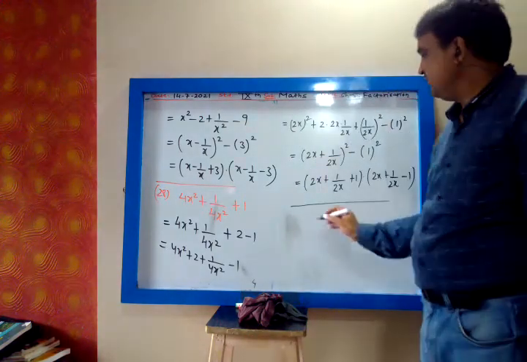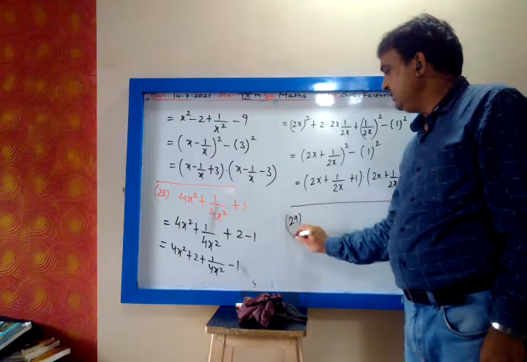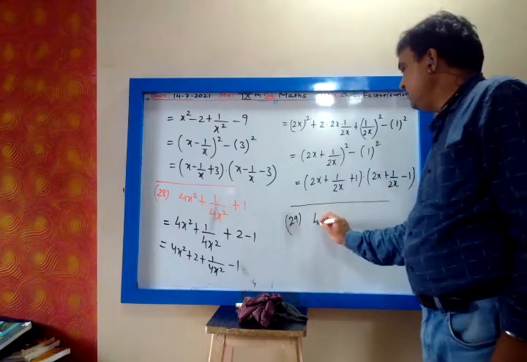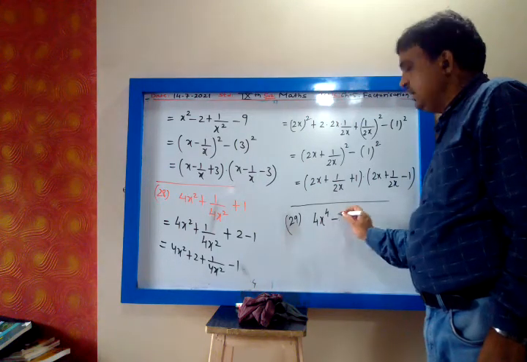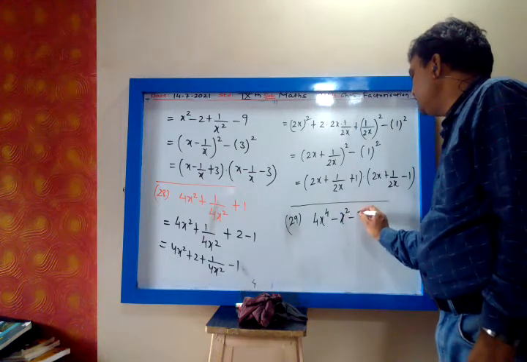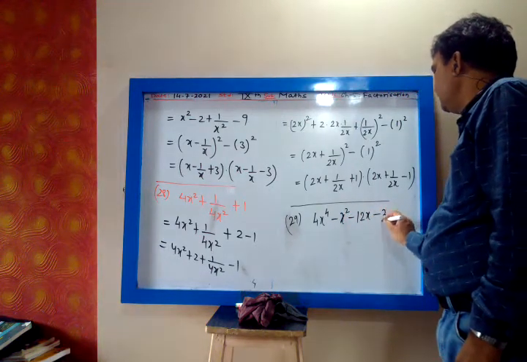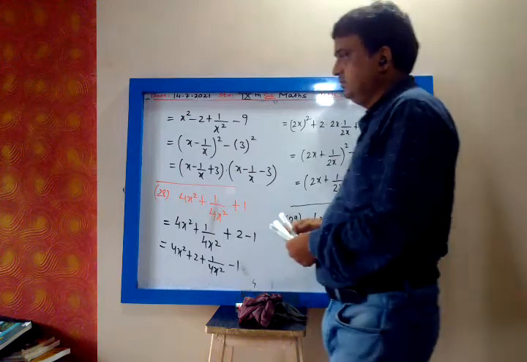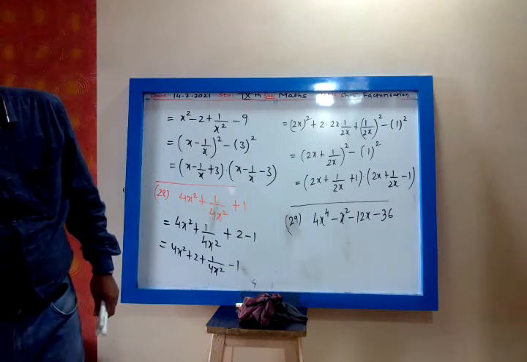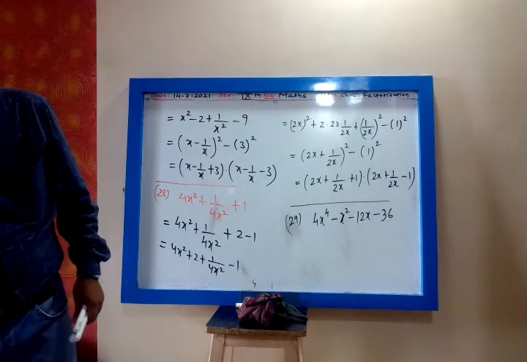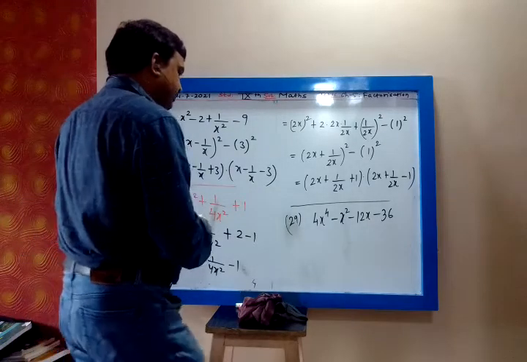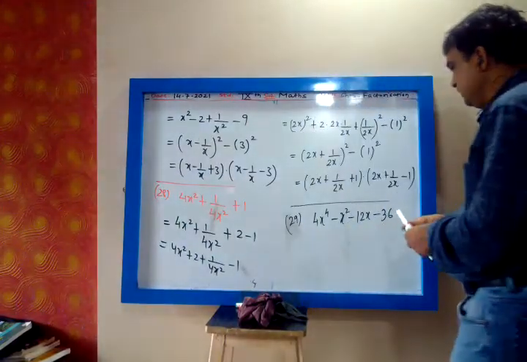Then 29, 4x raised to 4 minus x square minus 12x minus 36. So let us do the grouping.